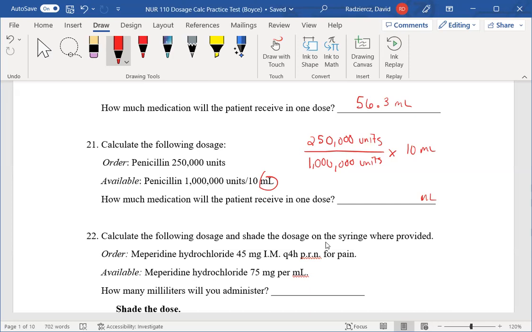And I'm going to get, with all those zeros, 2.5 ml. Now I don't need to do any rounding. It ended at 2.5 ml. I'm not going to round that up to 3 because I do want it to the nearest 10th, and we're there. So just leave it alone.